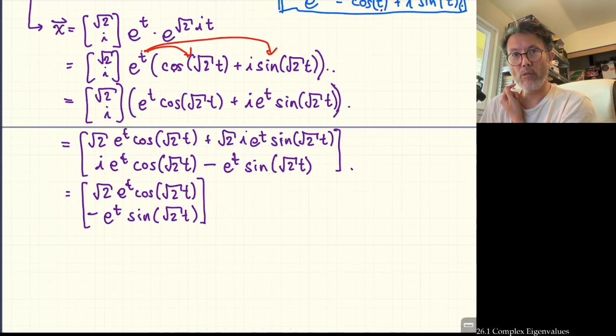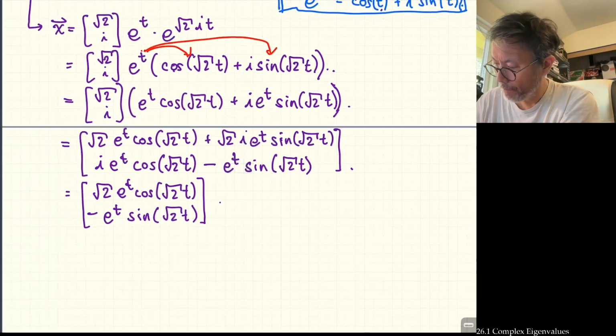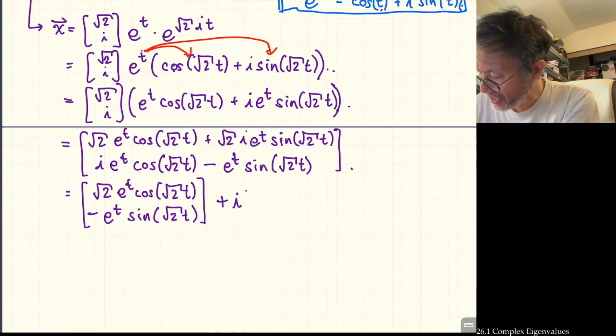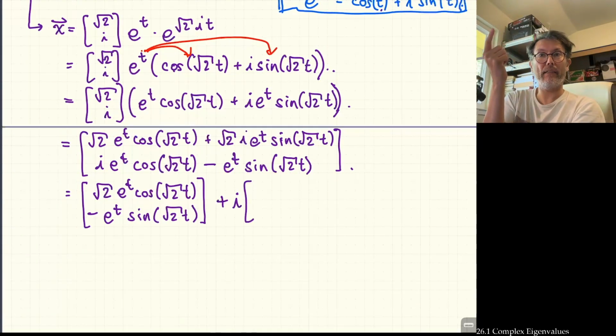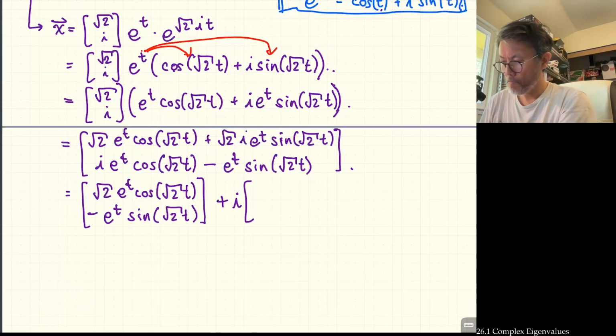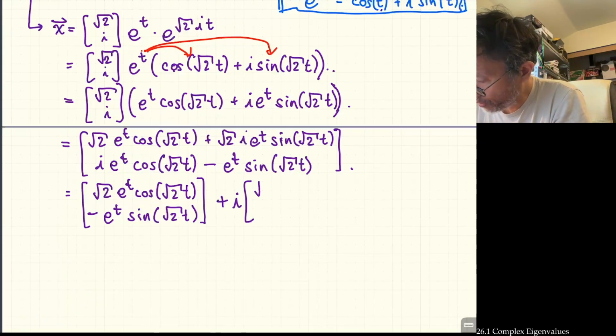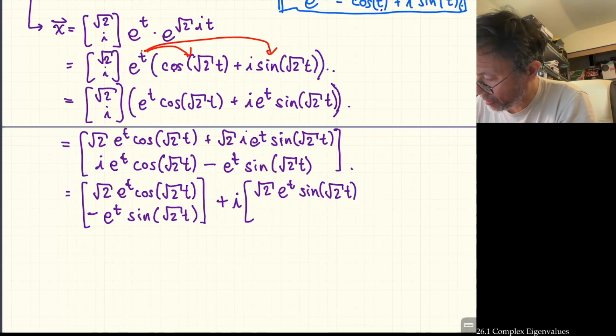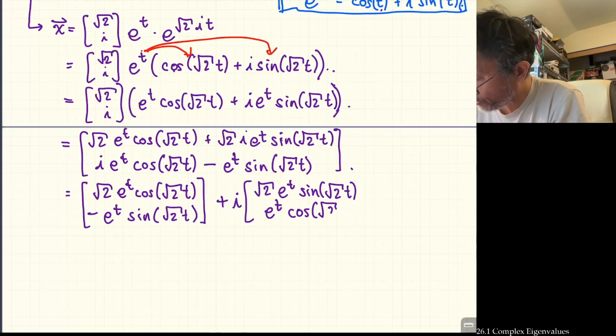And you might be concerned, except remember what I'm going to do now is write another term involving the i bits. So this is going to be plus i times, and I'm moving the i outside the vector. And I have upstairs square root of 2 times e to the t sine square root of 2 times t. And then downstairs I have e to the t cosine square root of 2 times t.